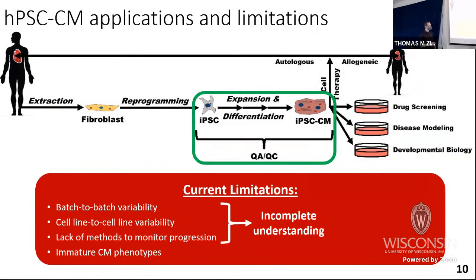So these top three, the cell line to cell line variability and the lack of methods to monitor progression, really come down to an incomplete understanding of the overall developmental biology and the process of deriving these stem cell-derived cardiomyocytes. That in turn closes the loop and leads to poor process robustness. Because we don't understand the process completely, we don't know what might be going wrong, and that's what we're trying to intervene on.